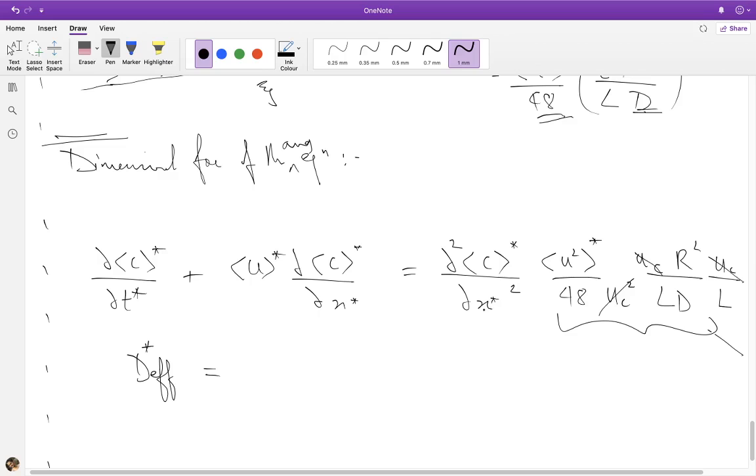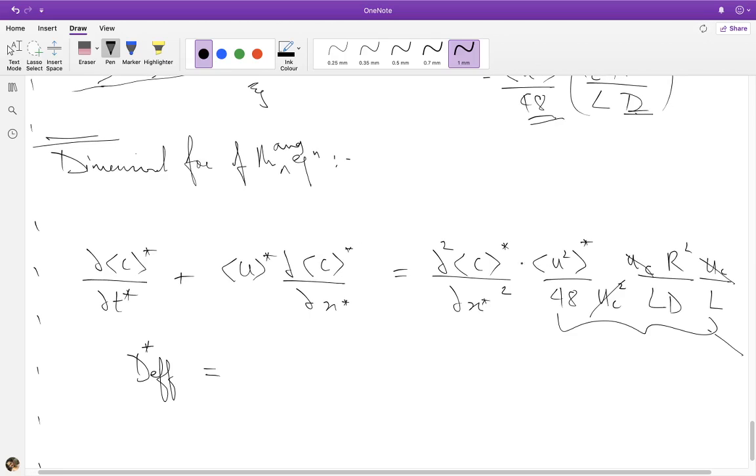So this x star squared also throws out an L squared here. This L squared comes from here, and that cancels with these two terms. So ultimately, all I have is the mean velocity squared times the radius squared divided by 48 into the molecular diffusivity.